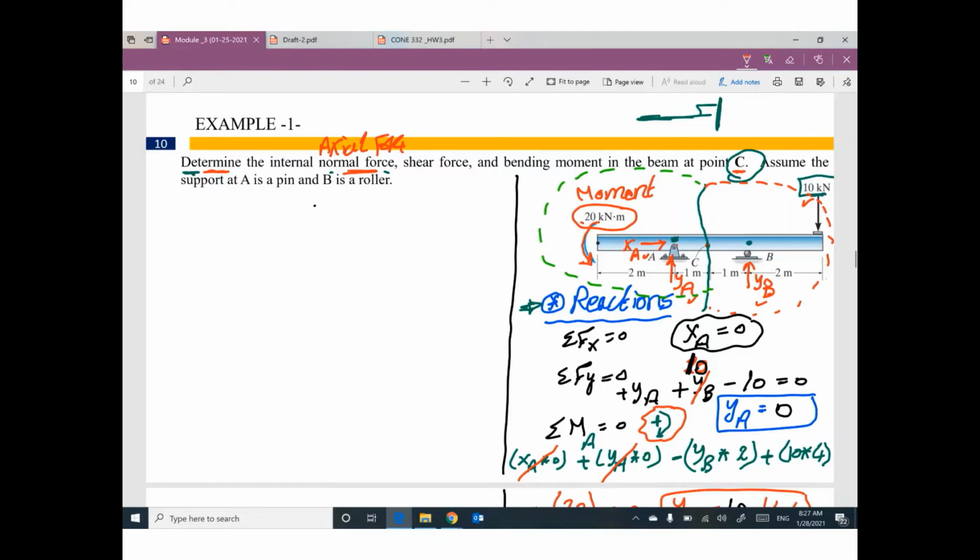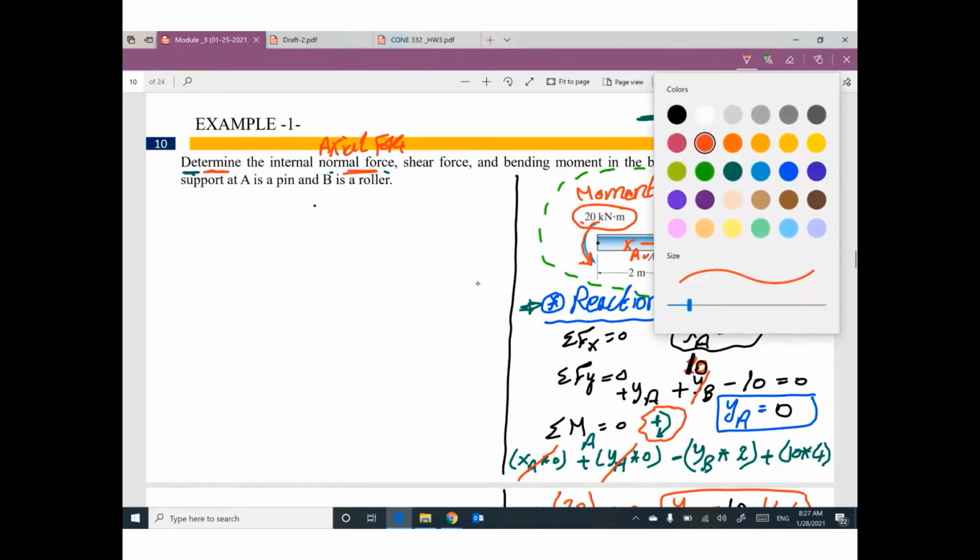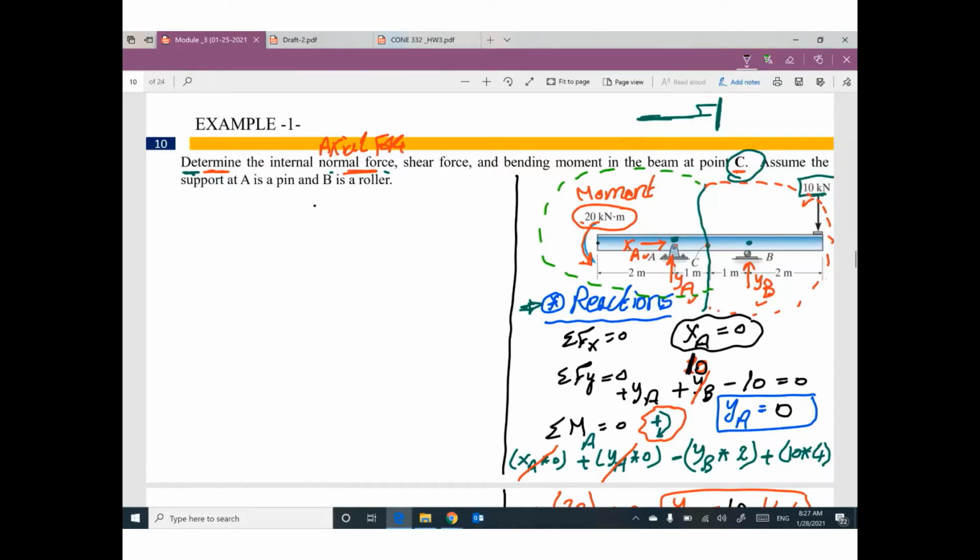Both of them will give you the same values. So what do you think? The right part or the left part? For me, I'm gonna use the right part.